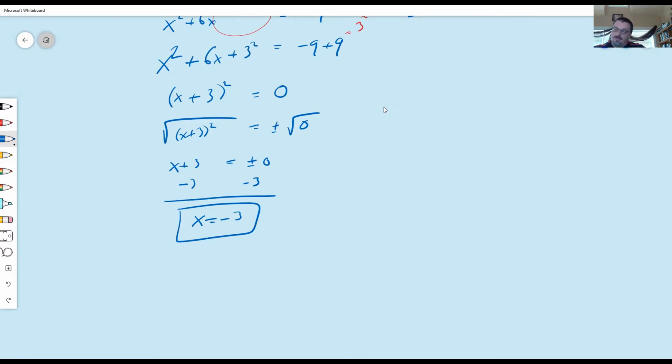So let's make a couple notes. Factoring is faster than completing the square. Factoring in general is shorter than completing the square.